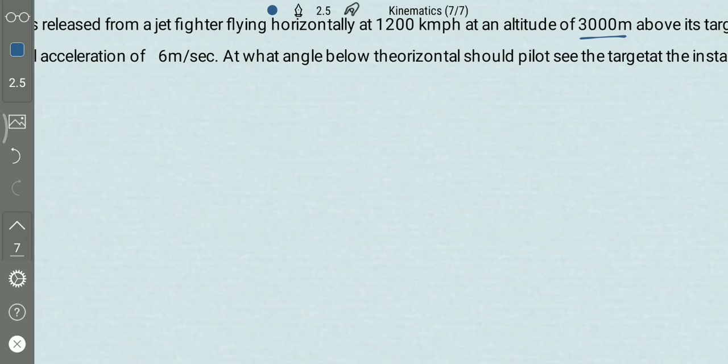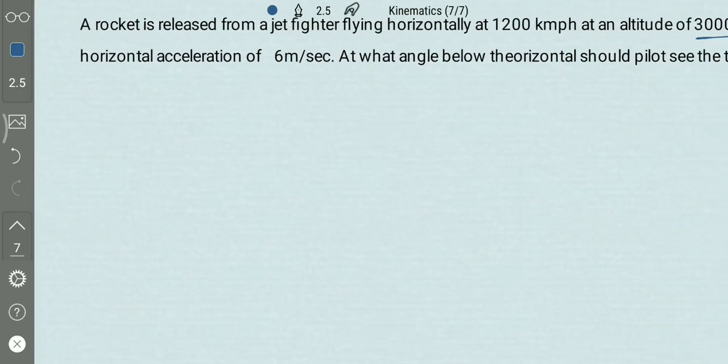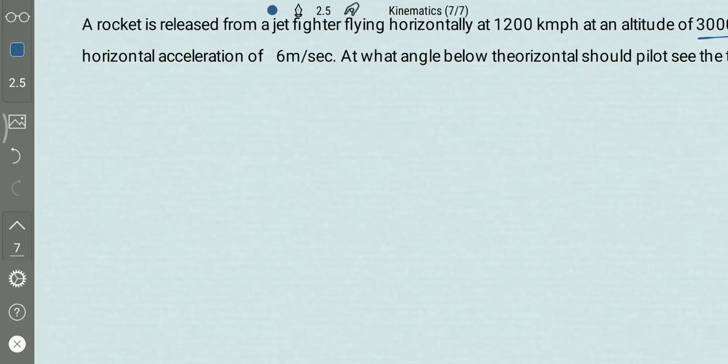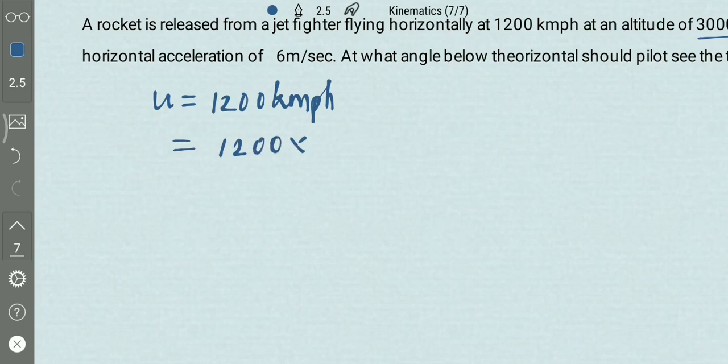No other data is given here. So the initial velocity u is given as 1200 kilometers per hour, which is in the horizontal direction. Let us convert it into meters per second first. 1 kilometer is 1000 meters, divided by 1 hour, which is 3600 seconds.